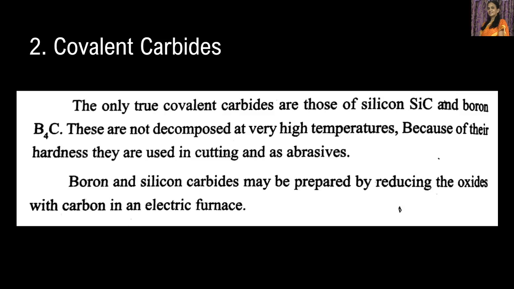They are used in cutting, and they are also used as abrasives. Boron and silicon carbides may be prepared by reducing the oxides with carbon in an electric furnace. Silica SiO2 is reduced with carbon, and similarly boron oxide is reduced with carbon in an electric furnace, that is, high temperature is required, then we get such types of carbides produced.